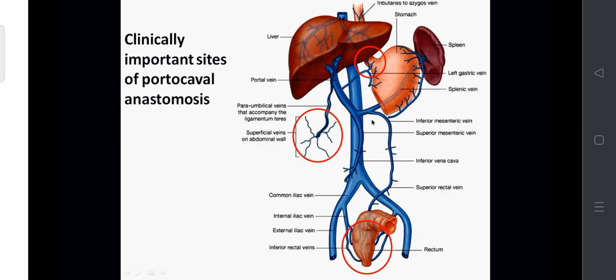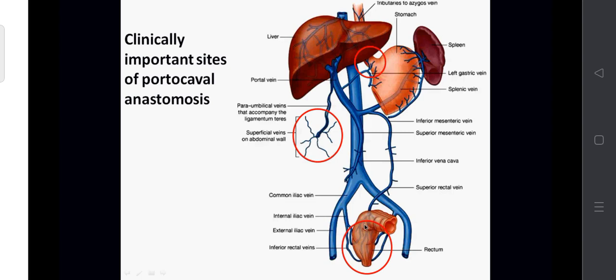In case of portal hypertension, due to backflow of blood here, this anastomosis or the collateral circulations will open up and may lead to rupture of the veins, and there may be resultant bleeding from the anal canal, which we call hemorrhoids or piles.